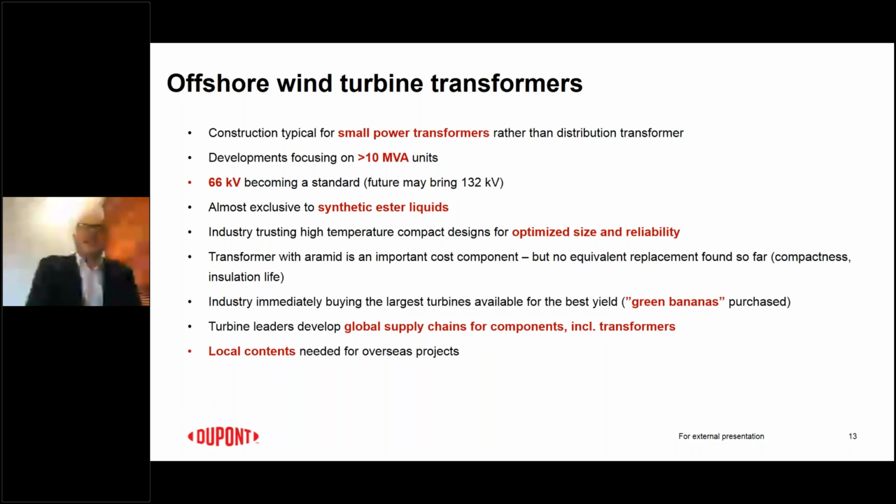And again, the liquids: at least from my European experience, synthetic ester liquids dominate the application in step-up transformers, whether onshore or offshore. There is not much experience or acceptance for natural esters in Europe because of the temperature conditions. So there is more trust in synthetic esters because of the low temperature performance.